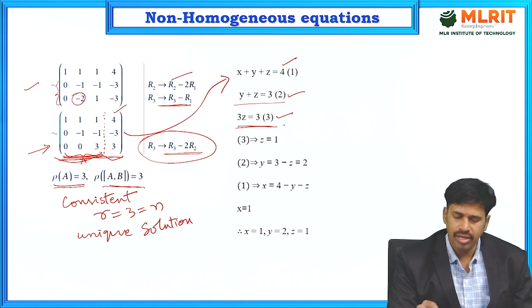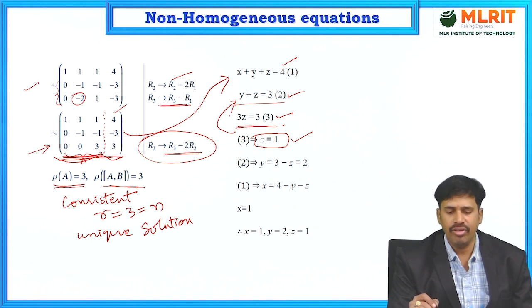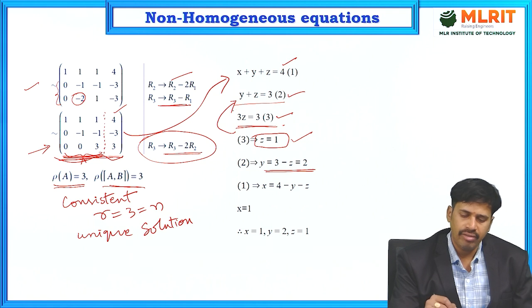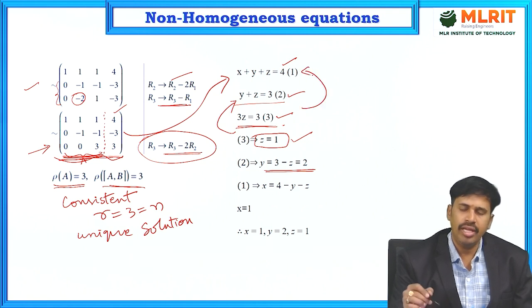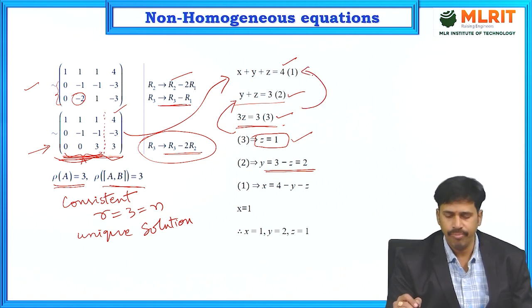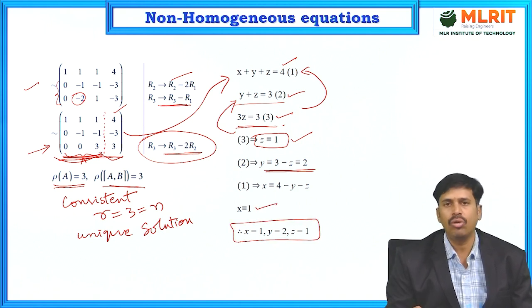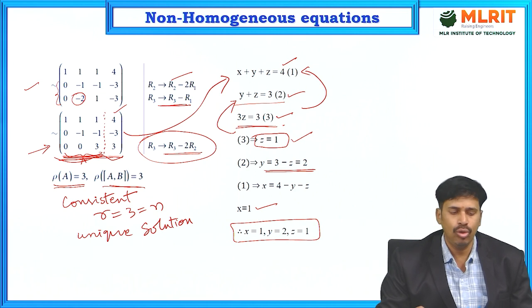From this equation I get z value as 1. Substitute the z value in the second equation, so we get y equal to 2. Substitute the y value and z value in equation 1, back substitution, so we get x value 1. So x equal to 1, y equal to 2, z equal to 1. This is the solution for the system of equations.